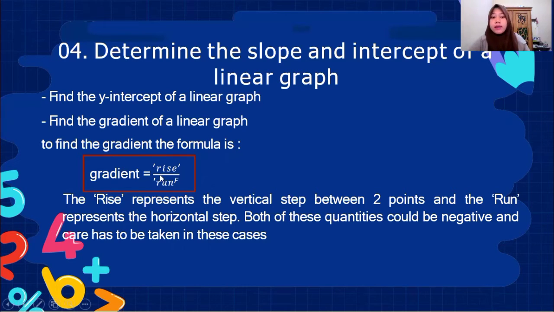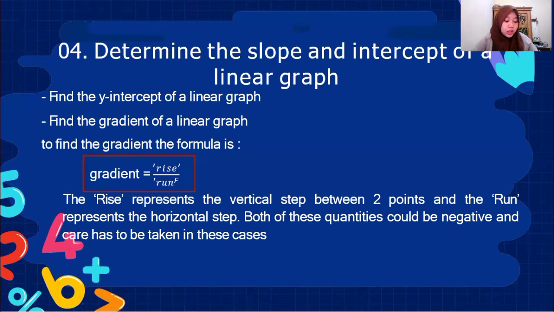The gradient, or m, is equal to rise over run, where rise represents a vertical step between 2 points. We should remember it's about vertical between 2 points, and the run represents the horizontal step. Both of these quantities could be negative and care has to be taken in these cases.